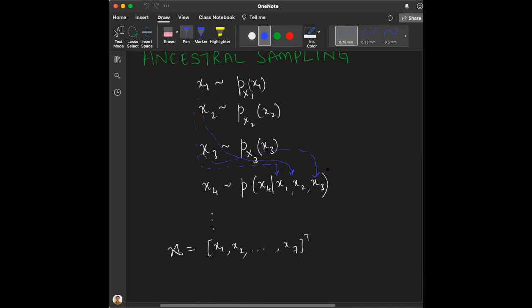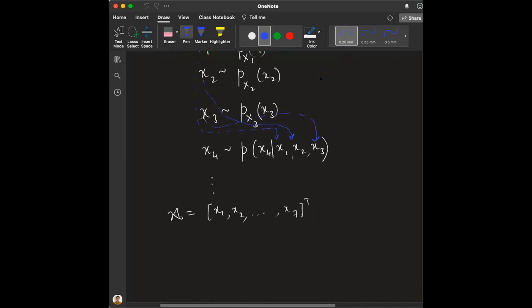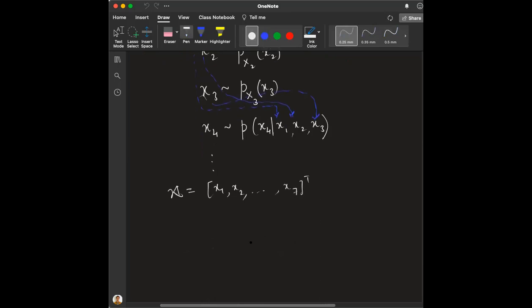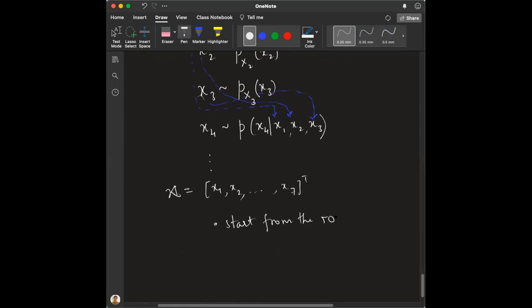Okay. So this is the concept of ancestral sampling. The general procedure is very simple. You start from the root. These are the general steps.